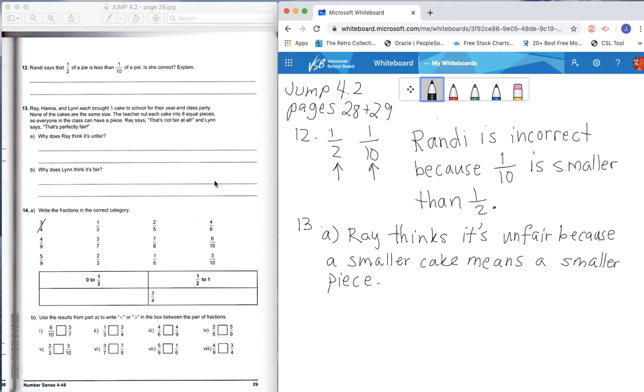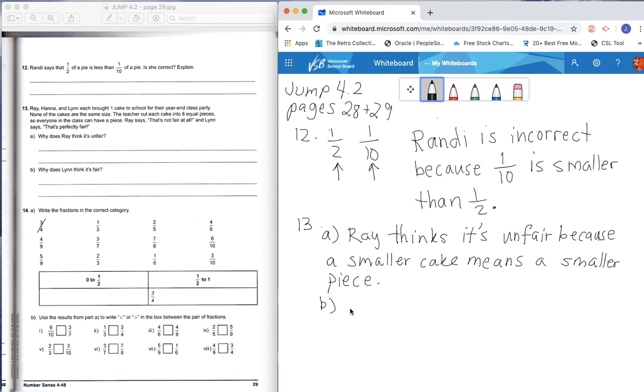And so you don't know how big every cake actually is, and it already says none of the cakes are the same size. So if you get a smaller cake, you clearly get a smaller piece, and if you get a larger cake, you get a larger piece. Okay, so that's why he thinks it's unfair.